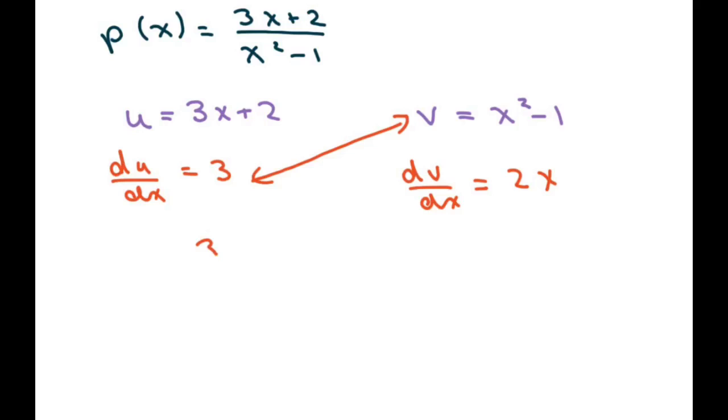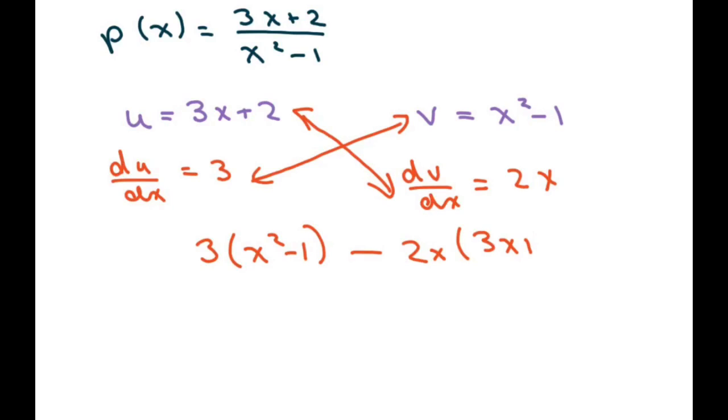So I get 3 times x squared minus 1. Since we're using the quotient rule, I'm going to put a minus here, and I'm going to multiply those two. So that's 2x times 3x plus 2. And your denominator, you're just going to write that with the squares.